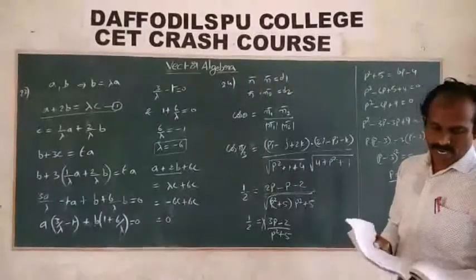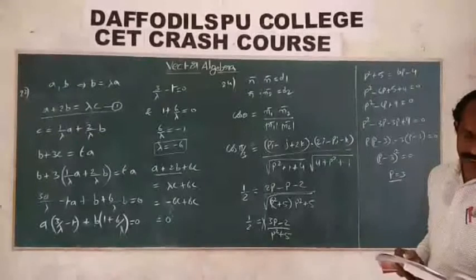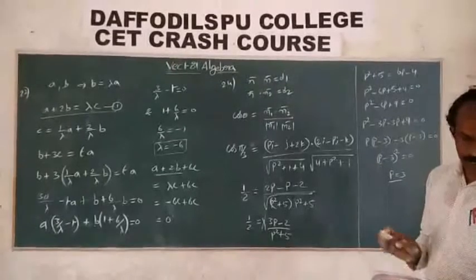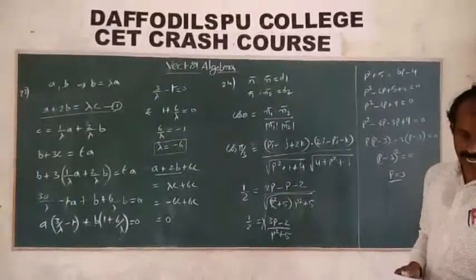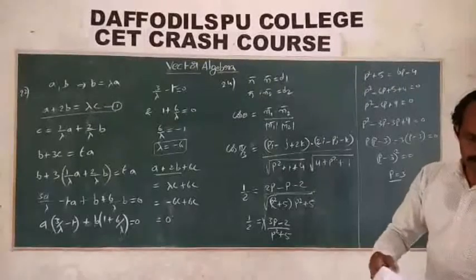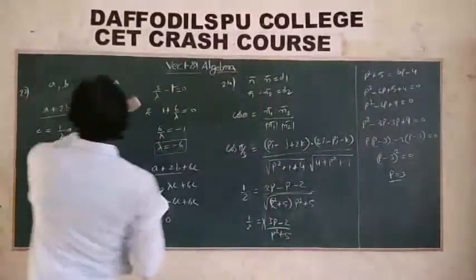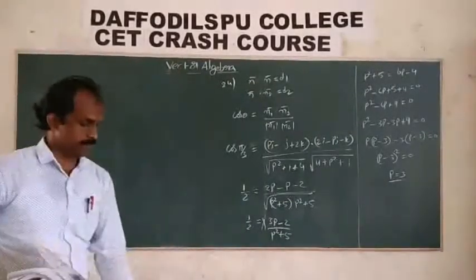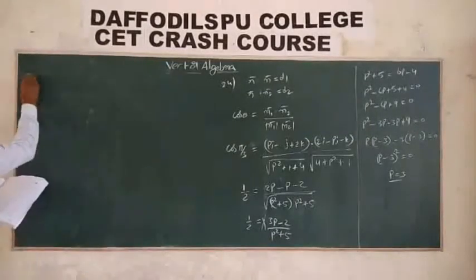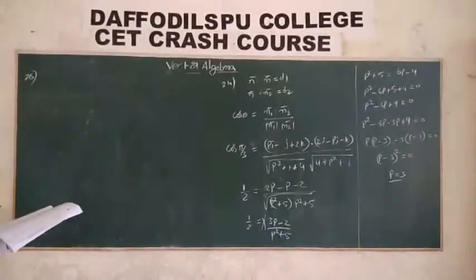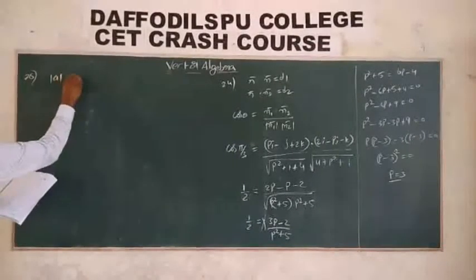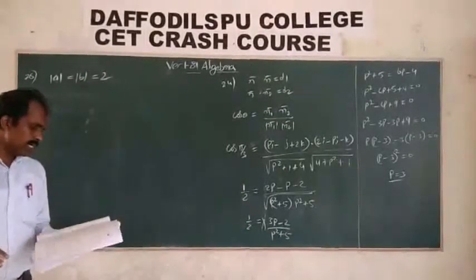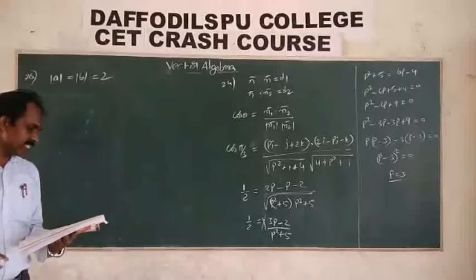Minus 30. Next, 26. If A bar and B bar are two vectors of magnitude 2, each inclined at an angle 60 degrees, then find the angle between A bar and A plus B. A and B are two vectors of magnitude 2, so modulus A and modulus B are equal to 2, inclined at an angle of 60 degrees.